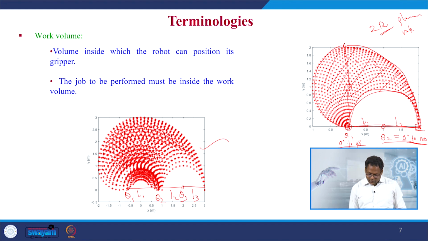That is again obtained by varying theta 1 from 0 to 90, theta 2 and theta 3 varying from 0 to 180 degrees. You will be getting this, and this is the plot obtained from MATLAB, where we have the outer loop being for theta 1 and the nested inner loops for theta 2 and theta 3 respectively, all three varying from 0 to 90 and 0 to 180 respectively.